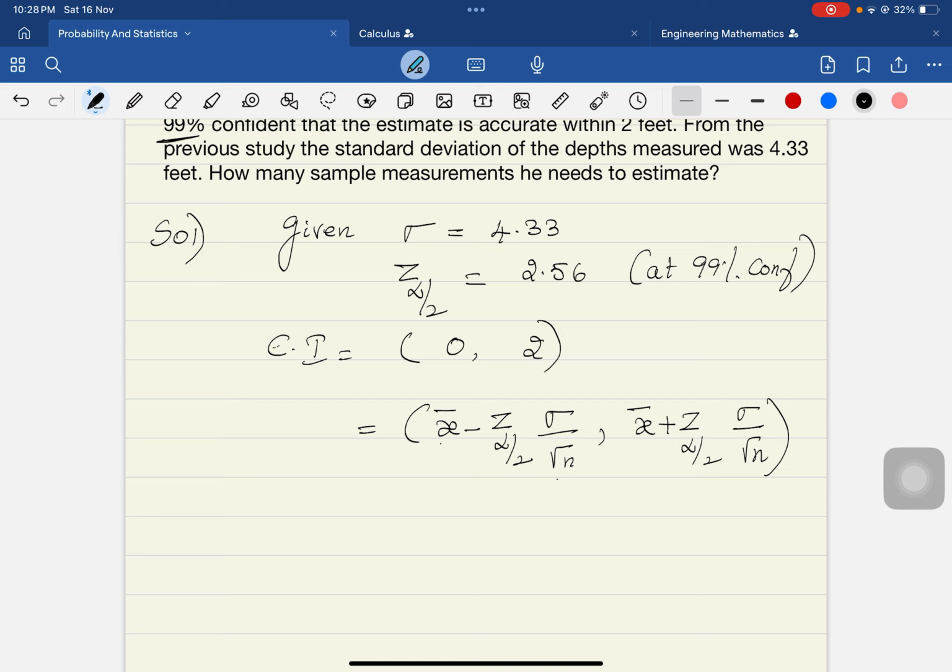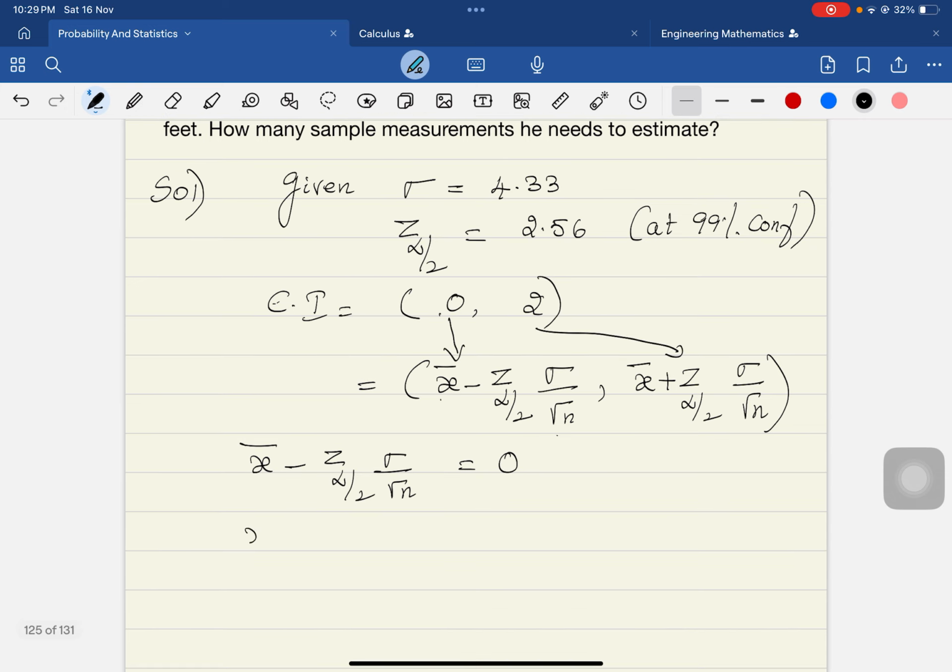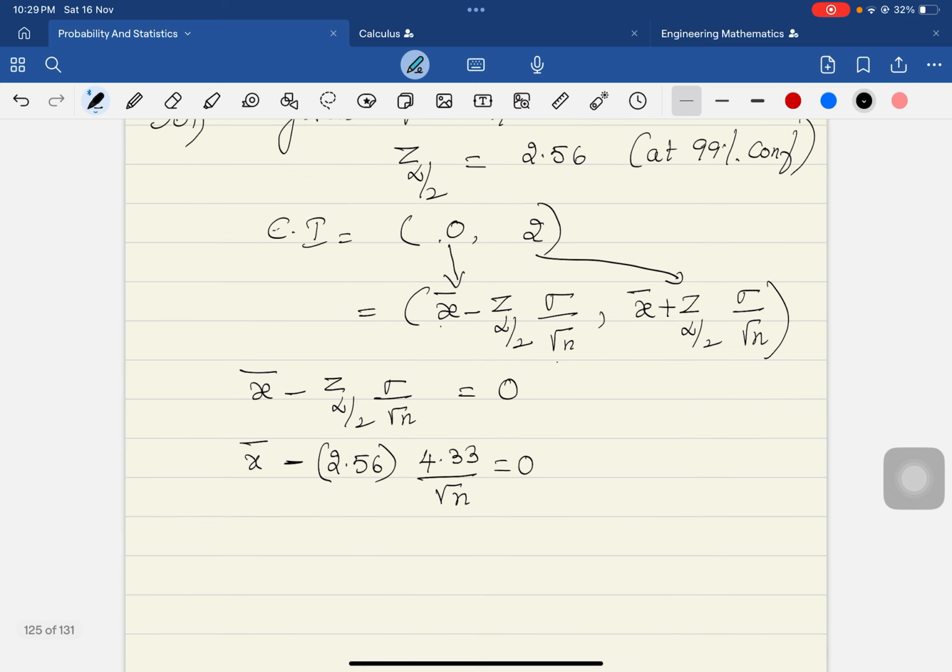So x bar minus Z alpha by 2 times sigma by root n is equal to 0, correct? The lower limit is this one, the upper limit is this one. So x bar minus 2.56 times 4.33 by root n is equal to 0. That is one equation.